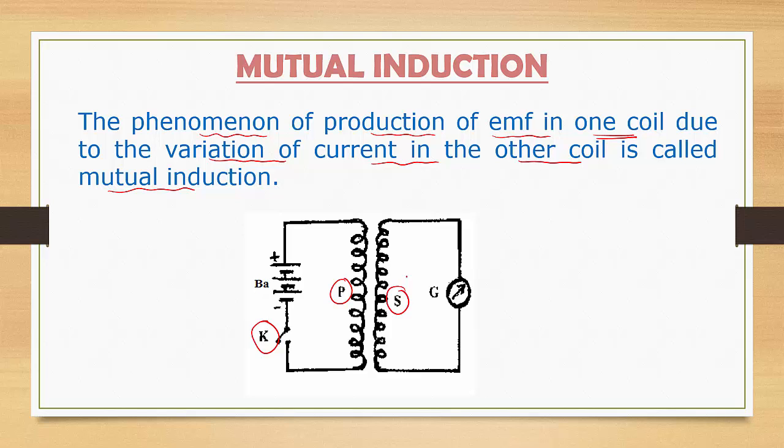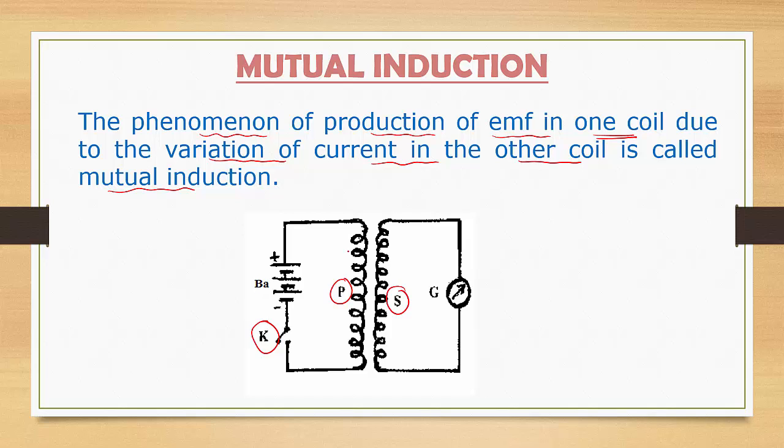Is it clear? So the induced current in the secondary coil generates magnetic flux. This magnetic flux induces EMF and hence current is produced in the primary coil. When the current is produced in the primary coil, this current opposes the growth of battery current in the primary coil.